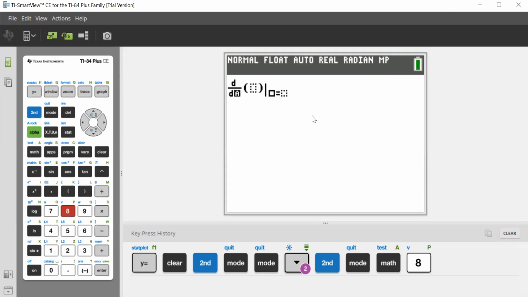Mine doesn't have that either. I have a TI 86. Oh man. Does it just say nDeriv? If I go to math, there's no nDeriv in math.